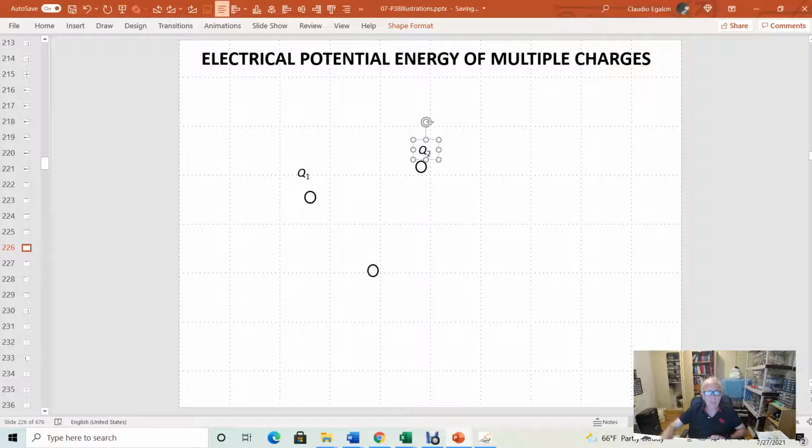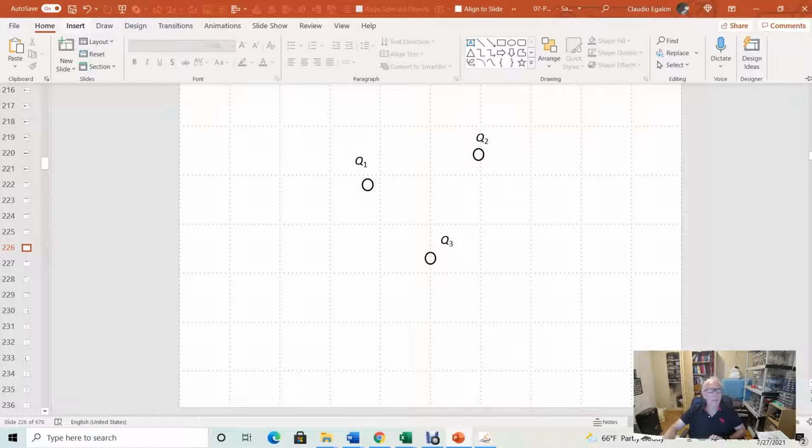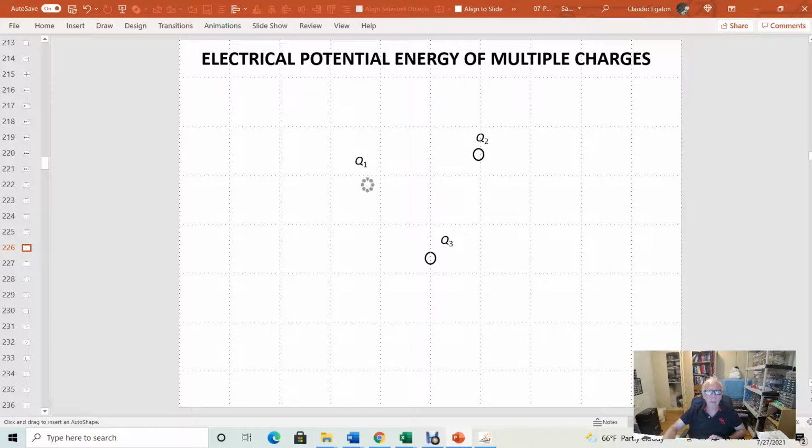And the other one is going to be Q3. And let's say they're separated by known distances. Okay, here you go. D from 1 to 2, and 1 to 3. I call this one D1,3.